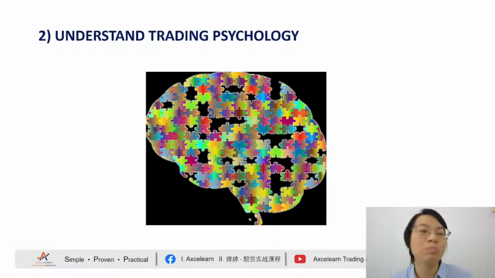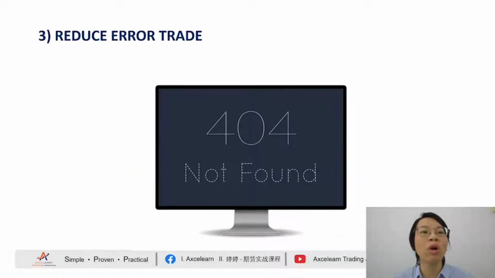Now, the last part, which many of us overlook, is what we call reducing error trades. These error trades we can divide mainly into two parts. One part is, supposedly I know that I need to buy, but I accidentally click sell. Or today I need to buy, but I overlooked the time and did not manage to execute the trade.